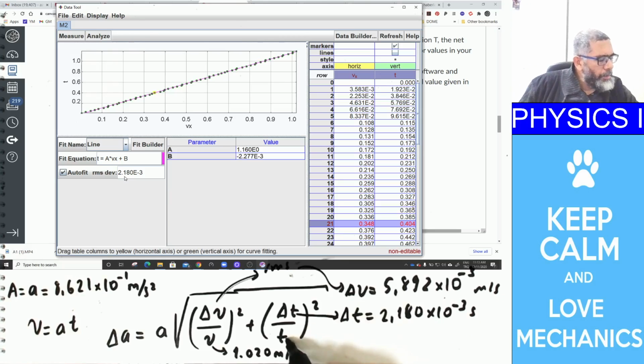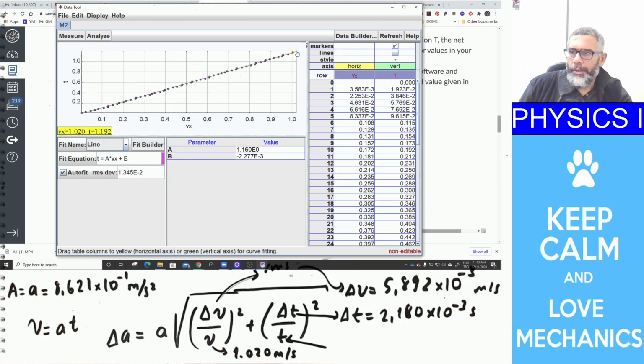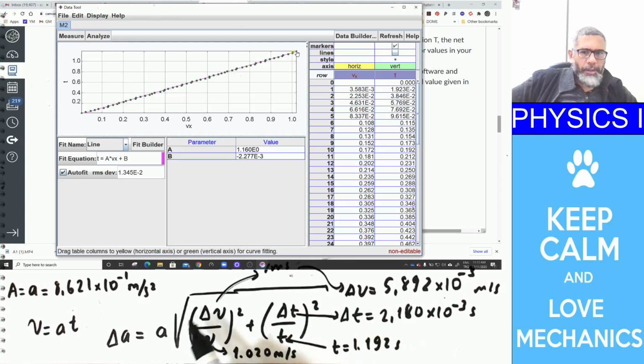And the denominator T is the timing of the last data point, which I read to be 1.192 seconds. That's it. For this equation for the uncertainty in A, this is how you calculate.